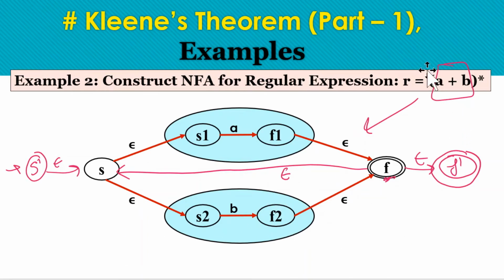As we have multiple occurrence or recursive occurrence of A plus B, means this expression is repeating multiple times. So to repeat this expression R, after having one occurrence of this regular expression, we need to move back to the initial state to repeat this pattern.